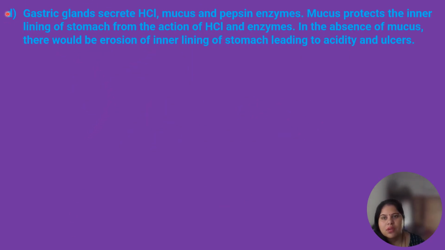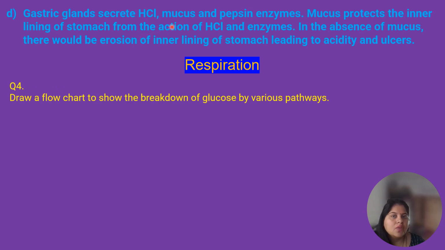Now, next question: what is the function of the mucus in the stomach? As we know, the gastric glands present in the stomach secrete hydrochloric acid, mucus and pepsin enzyme. Now what is the function of the mucus? Mucus protects the inner lining of the stomach from the action of the HCl and enzyme, because HCl is also secreted from the gastric glands.